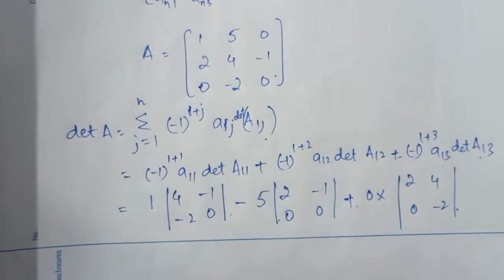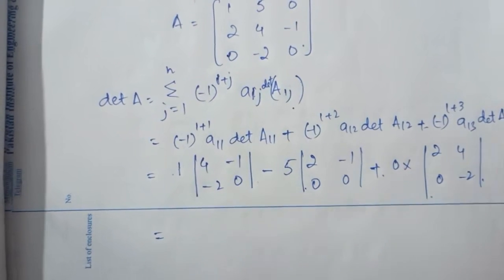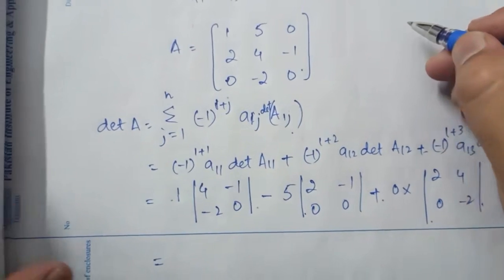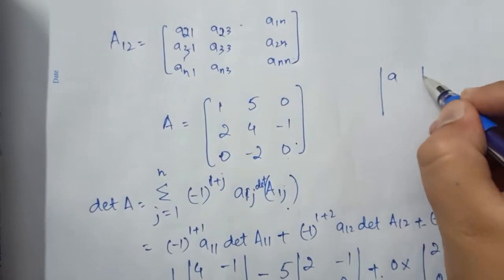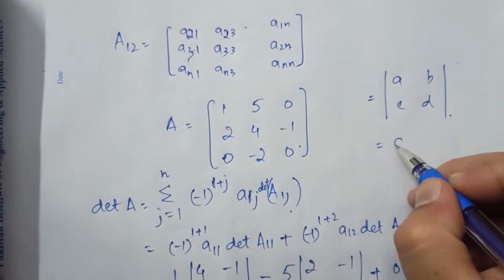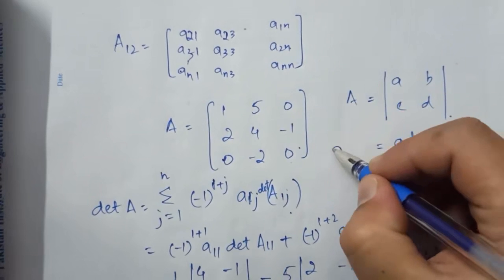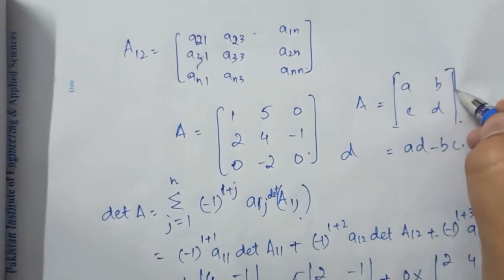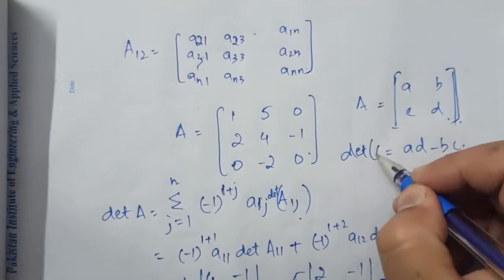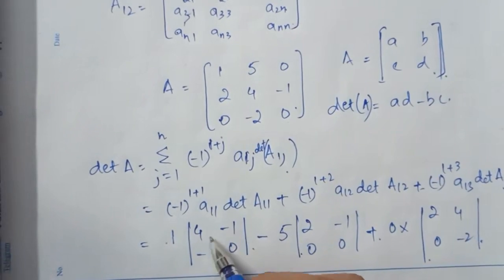Now we know the determinant of a 2 by 2 matrix: if this is a, b, c, d, then the determinant is equal to ad minus bc. So we multiply and take the subtraction.